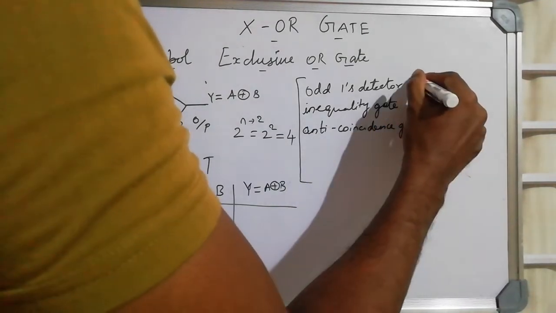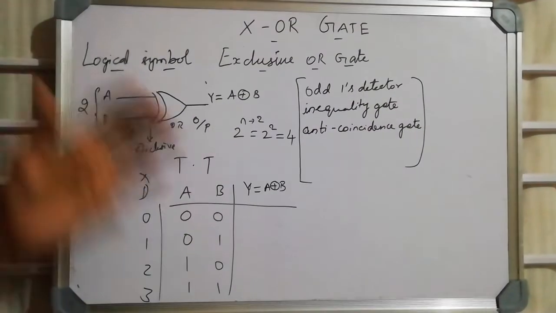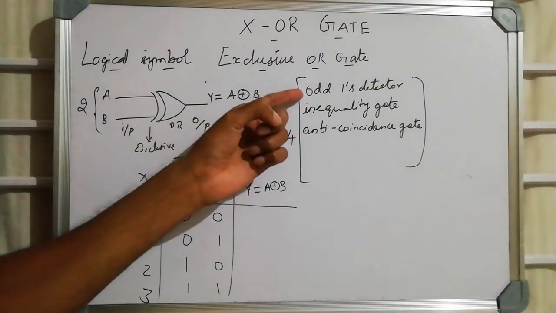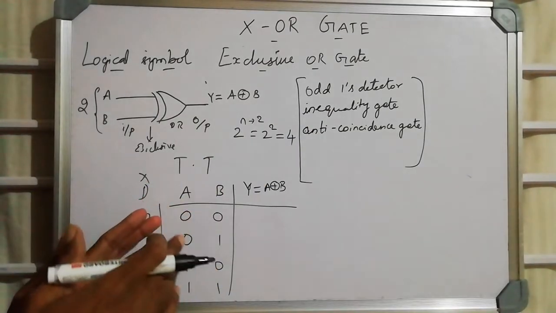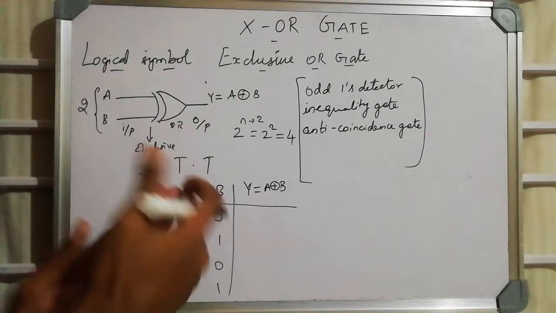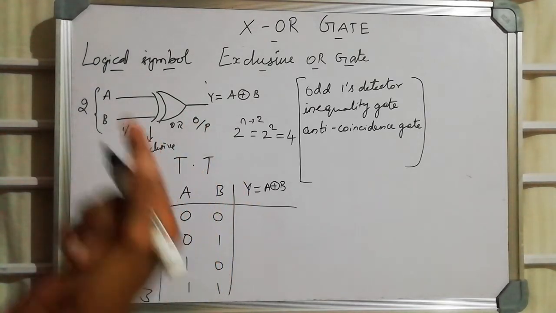We can call it by these names, but here we are going to use the odd ones detector only. It will find the odd number of ones and make the output 1.